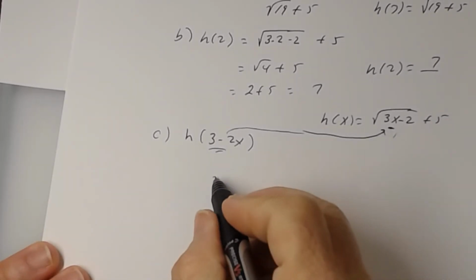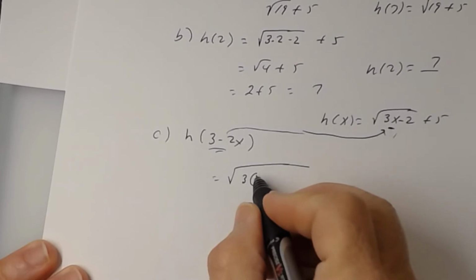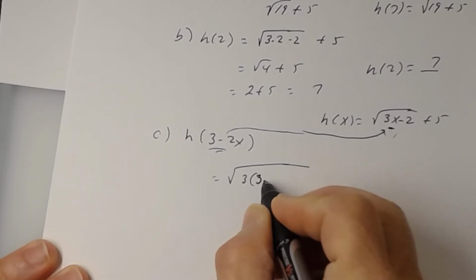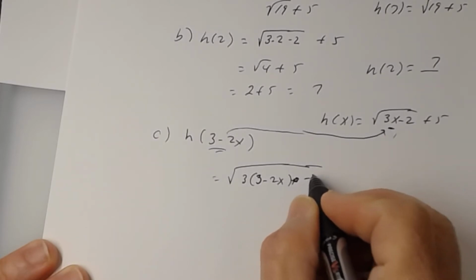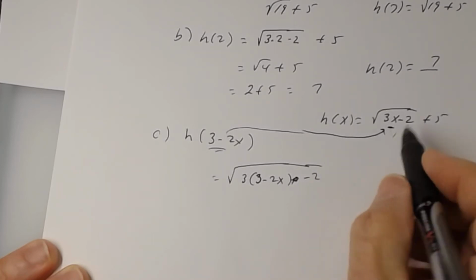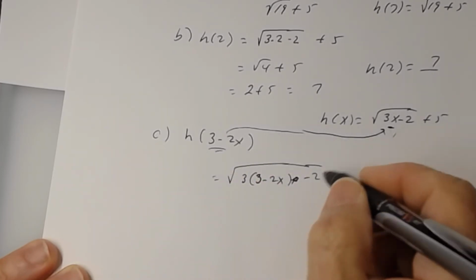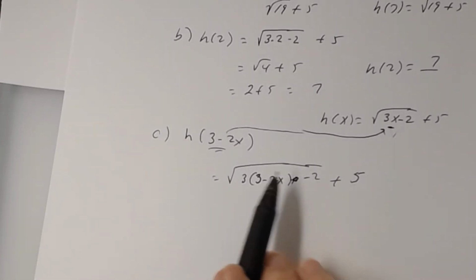So I'm going to get the square root of 3 times, in parentheses, what do I substitute? 3 minus 2x. And whatever that is, I'm going to have to subtract 2, right? So see right here? Whatever that square root is, I'm going to have to add what, though? 5. All right, so work within the radicand.